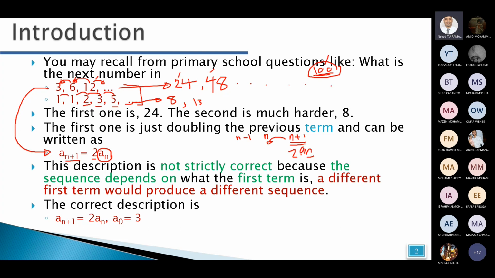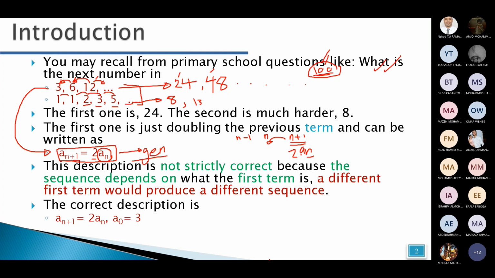To get term 100, for example, after we find this recurrence relation, we have to find the general term or solution for this recurrence relation. If we could find the general term or the solution for this recurrence relation, then it's easy to get any term.